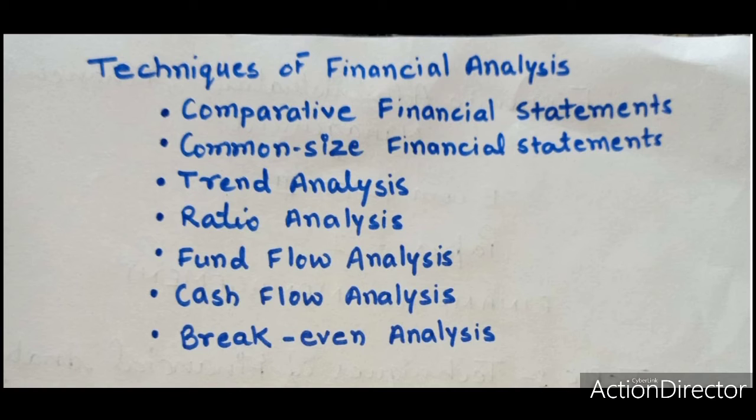The calculation of trend ratios involves the ascertainment of the arithmetical relationship which each item of several years bears to the same item of the base year. While calculating trend ratios, the current year's value is divided by the base year's value and is multiplied by 100.